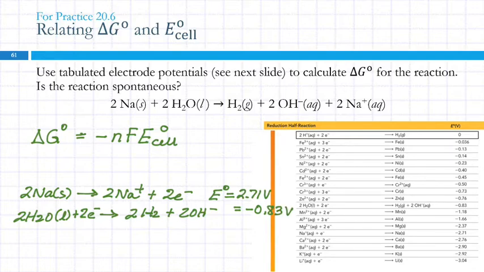So I'm going to add those together. I get 2.71 plus negative 0.83 is 1.88 volts. So that's my standard cell potential.